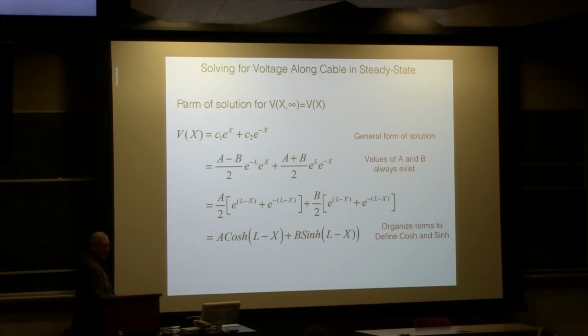If you plug that into the cable equation, that is a steady state solution. We're only talking about the steady state here, which is why I've dropped time, because these solutions are only easy in the steady state. You can derive the solutions for transient responses. It's just much more difficult.